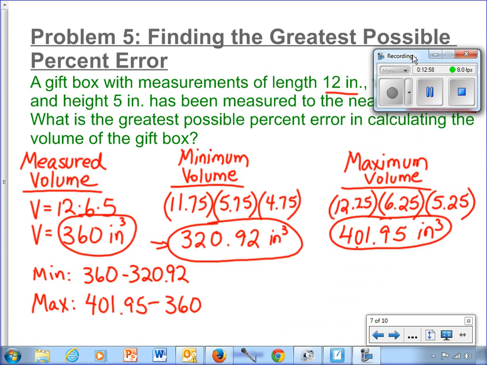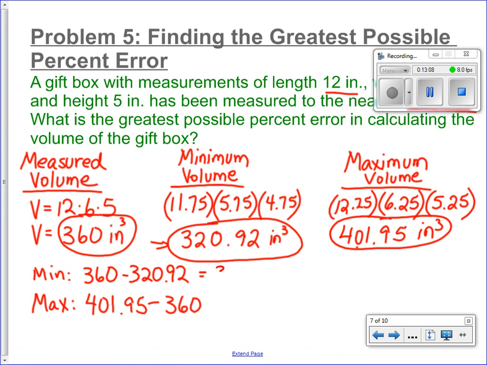For the minimum, 360 minus 320.92 is 39.08, and the maximum, 401.95 minus the 360.